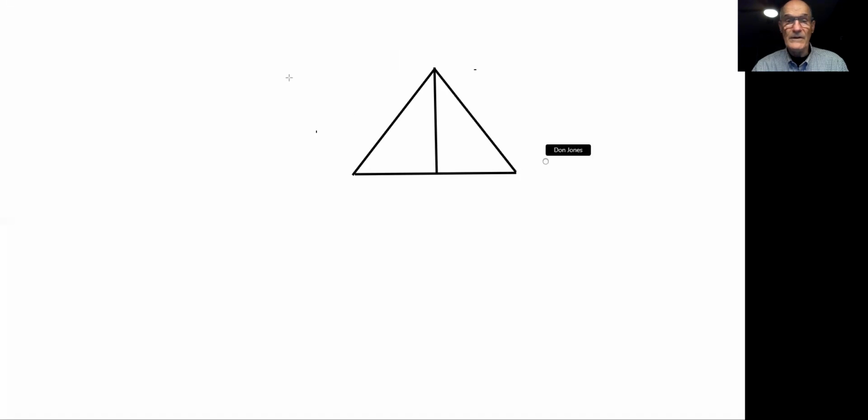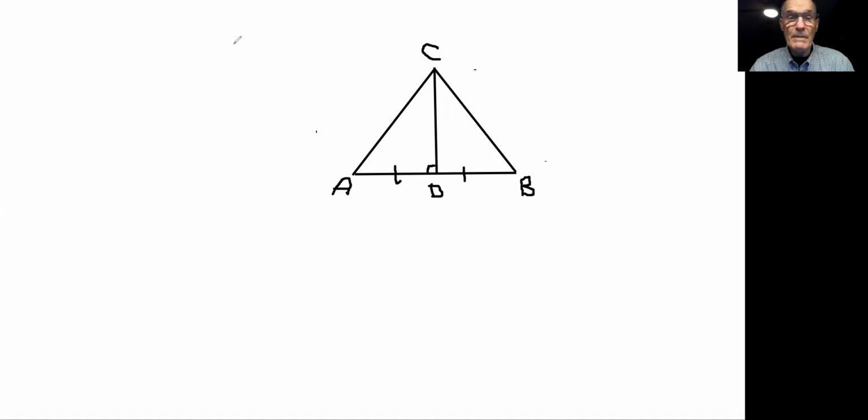Okay, so we'll call this point A, we'll call this point B, point C up here at the top, and then down at the bottom here is D. Now DC is the perpendicular bisector of AB.